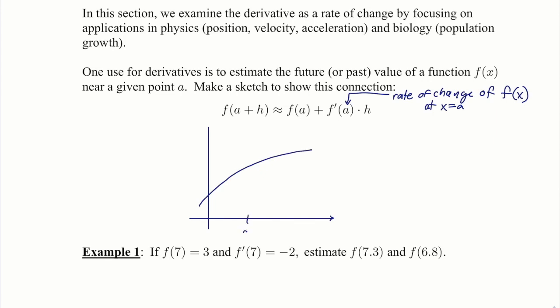Maybe here's my point a, and then if that's a, f of a is here on the y-axis. And if I change a little bit, I add a small quantity h, the distance between these. So if I increase a little bit, f of a plus h will be right on that curve.